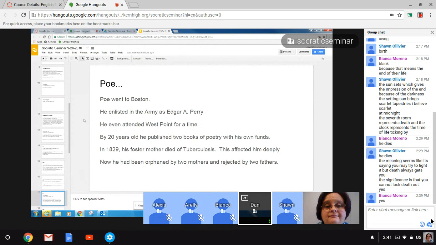Now, here's where it gets interesting. In 1829, his foster mother died of tuberculosis. Okay. But tuberculosis, it's a terrible disease. It causes hemorrhaging in the lungs, coughing up copious amounts of blood.